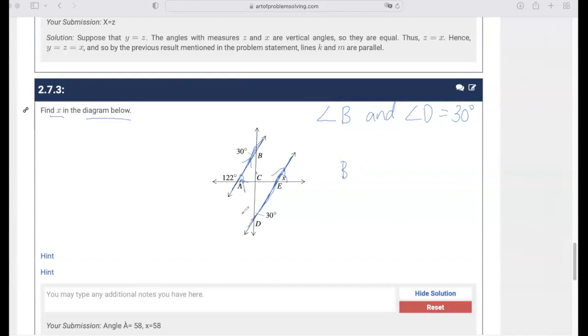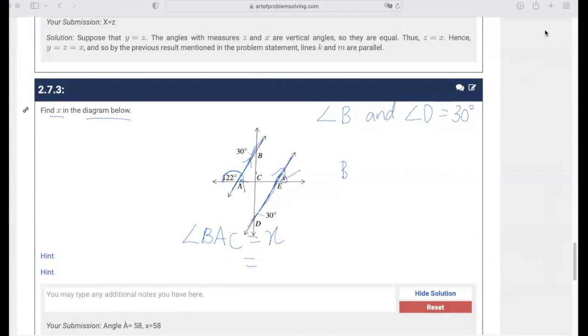Okay, Sophia. Then would angle E be 122 degrees? I write this first: BAC equals X. So X is this one, right?